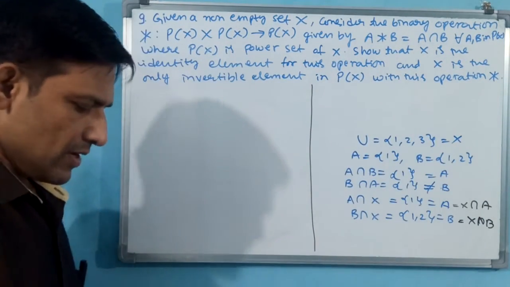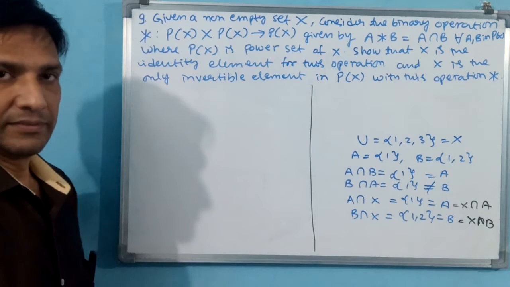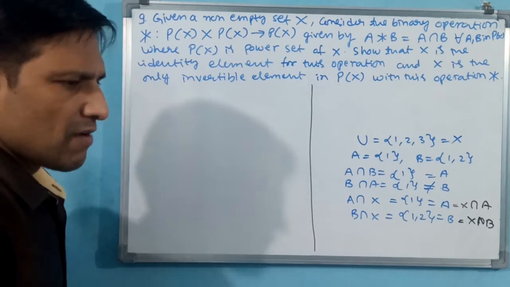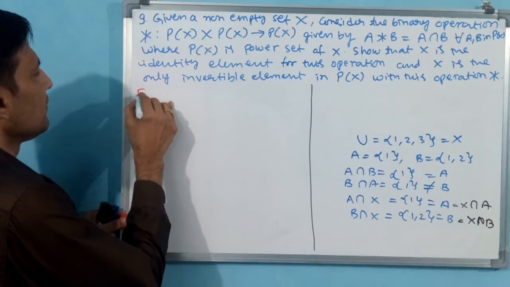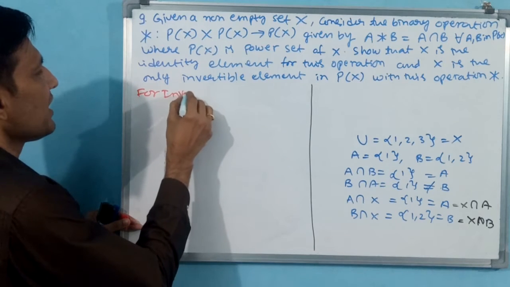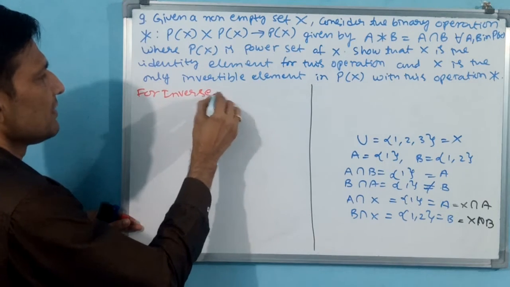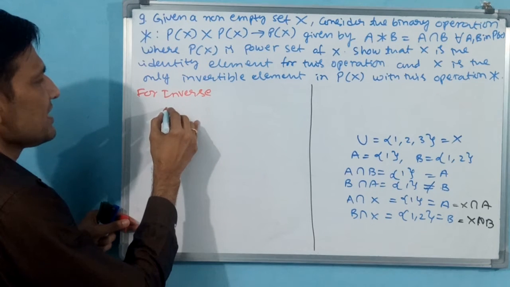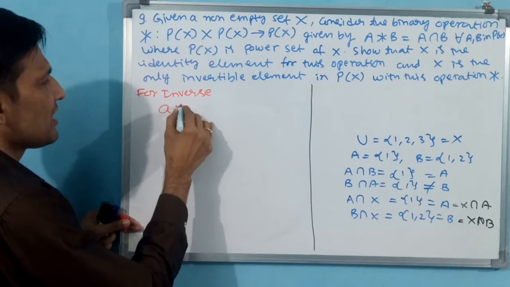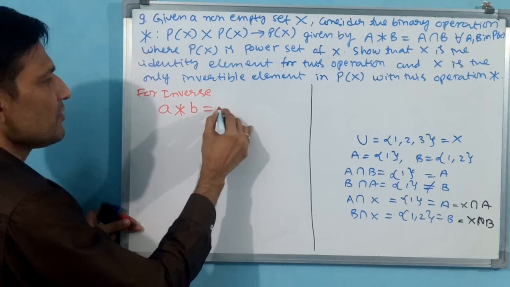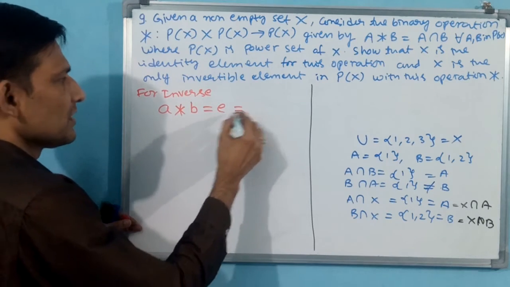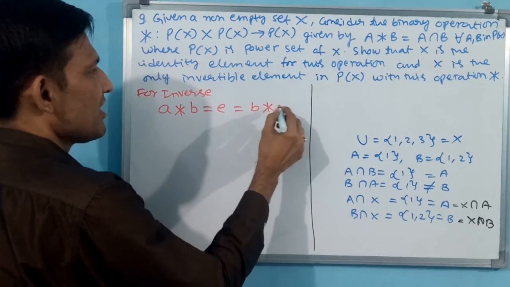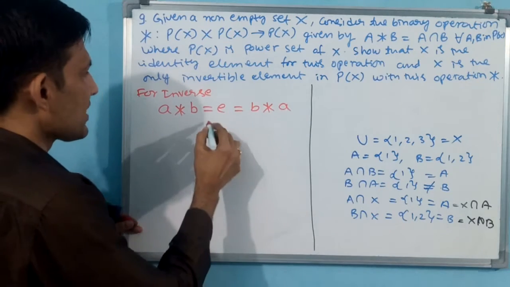Okay. Now we are writing for invertible. For invertible or for inverse, you write for inverse. What is this? See here, A star B is equal to E has to come, and B star A. But E is what here?